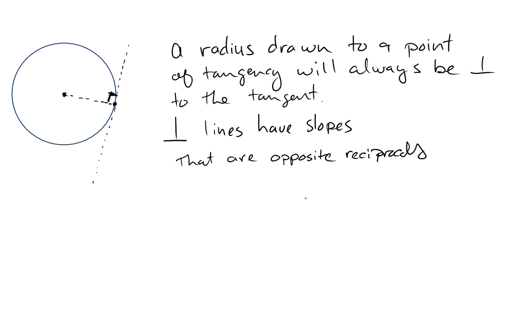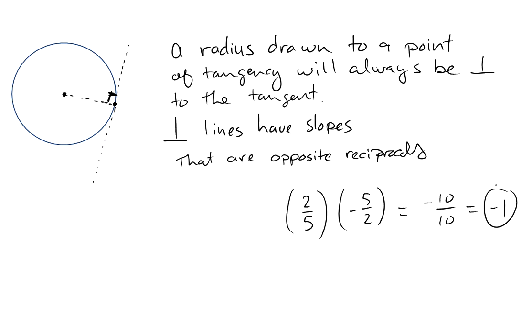For example, if I had a slope of 2/5, the slope of a line perpendicular to that would be -5/2. And when I multiply these, I get a product of -10/10, or -1. That will always happen, and knowing this allows you to build the slope of a line that's perpendicular when you know the slope of another line.